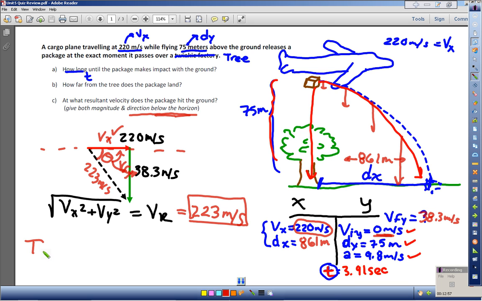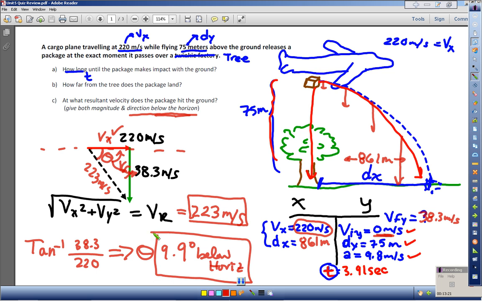To do that, it is the inverse tangent of opposite over adjacent, or 38.3 divided by 220. And if you second function that in your calculator, you find that the angle below the horizon is 9.9 degrees. And that would be your final answer.